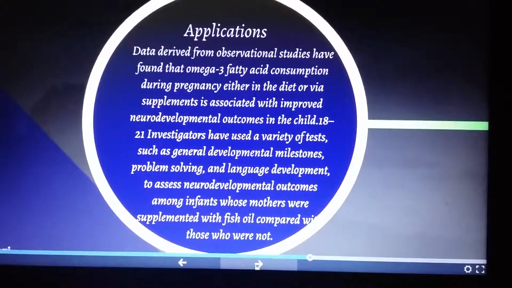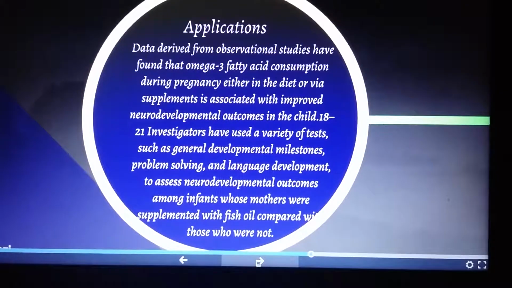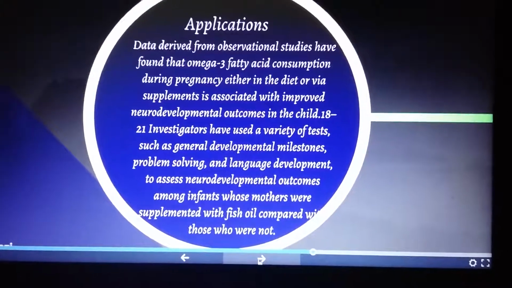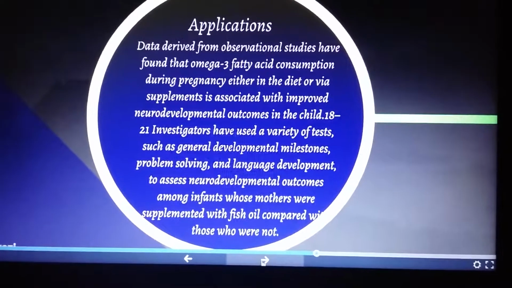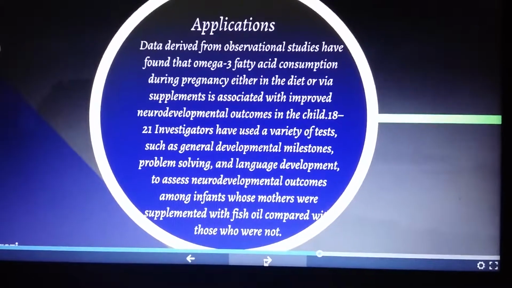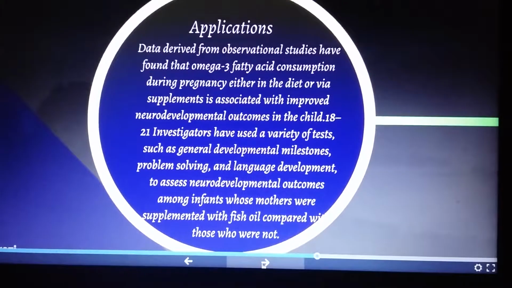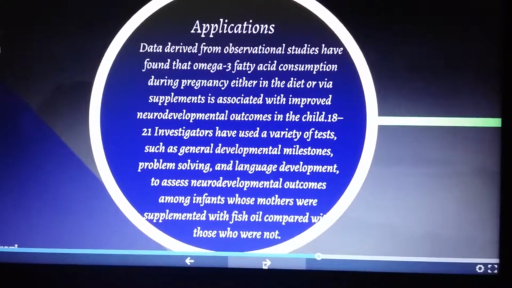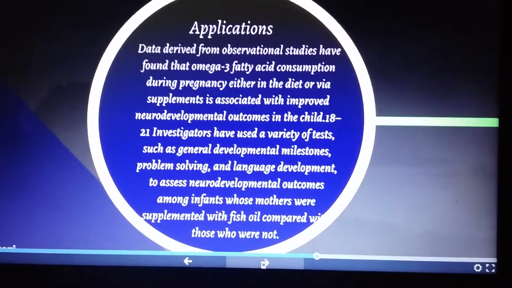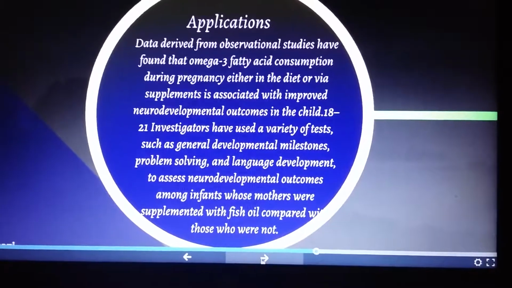Investigators have used a variety of tests such as general developmental milestones, problem solving, and language development. Two trials assessed neurodevelopmental outcomes among infants whose mothers were supplemented with fish oil compared with those who were not.